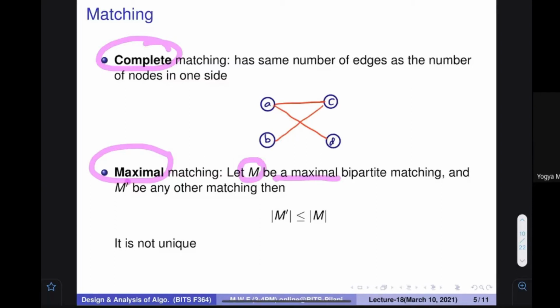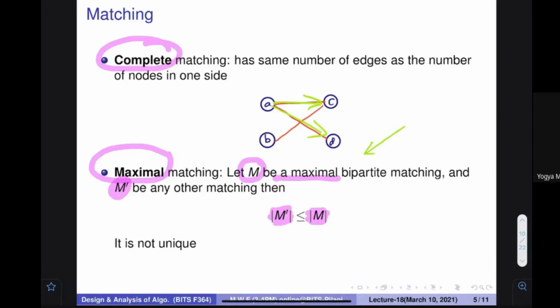So if you come up with any M dash, the size of M dash is going to be less than or equal to the size of M. Please note that this matching is not going to be unique, because I can come up with one thing and you can come up with a different thing. For example, here I can give you this matching, or I can give you this matching. Both have the same size.